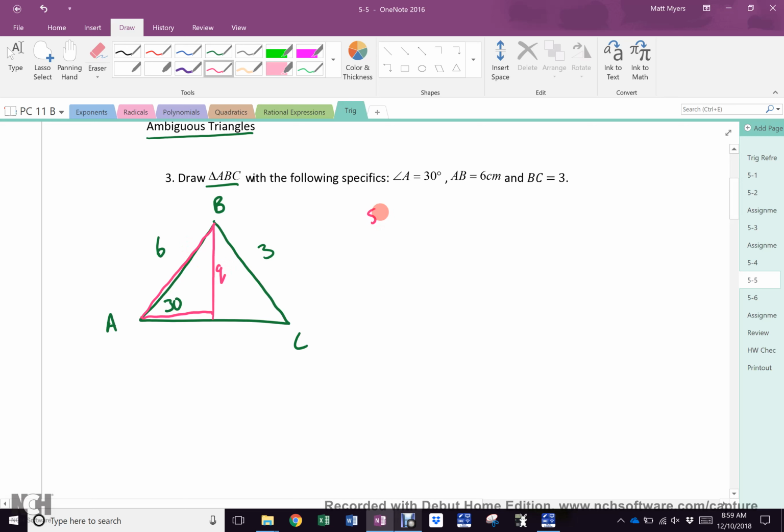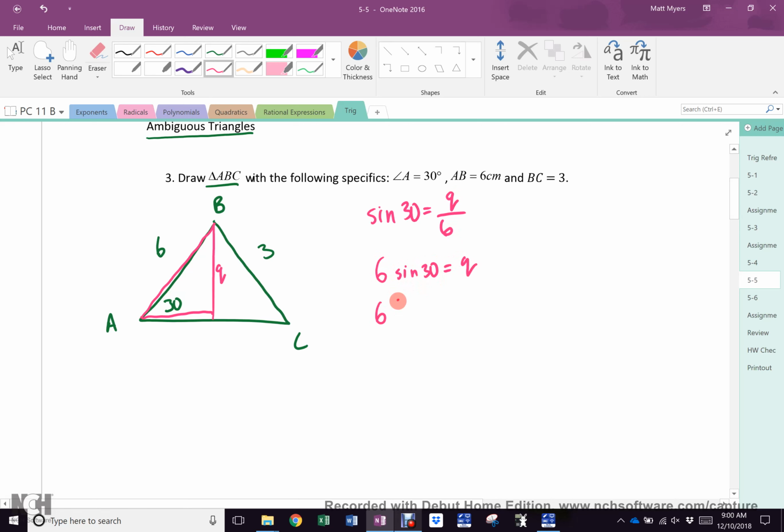You would do sine 30 equals Q over 6. Does everyone agree? And what would Q be? 6 sine 30, right? Now, we already know what sine 30 is from a 30, 60, 90 triangle, don't we? Can anyone remember? It's a half, yes? So that would equal Q.